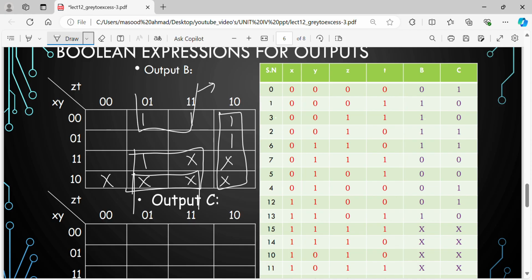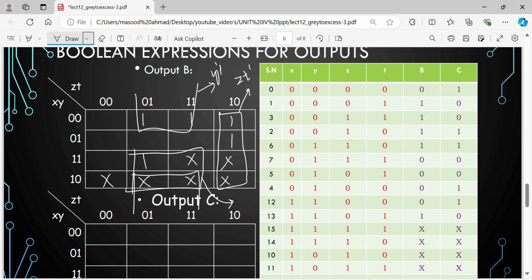For each of these I can write an expression. For this one, the expression is x z t bar. For this one it is t, and here it is y bar t.